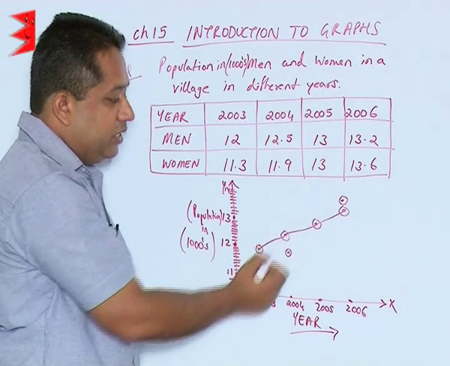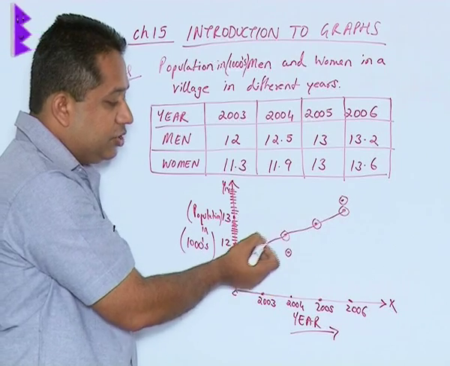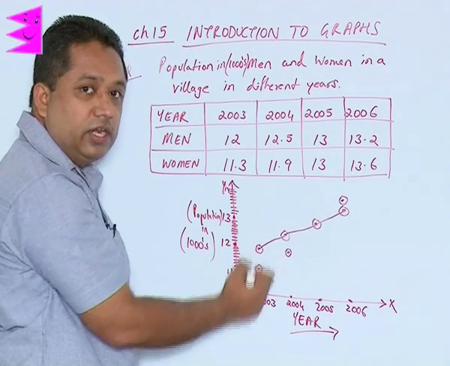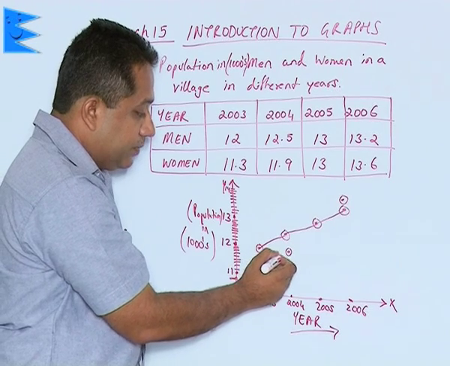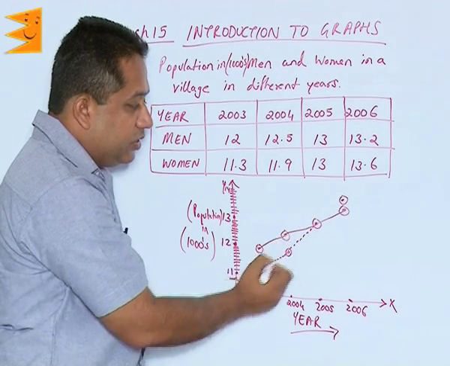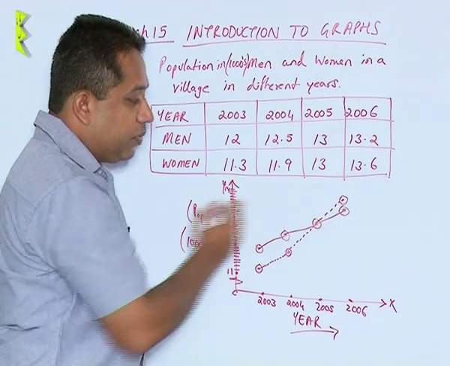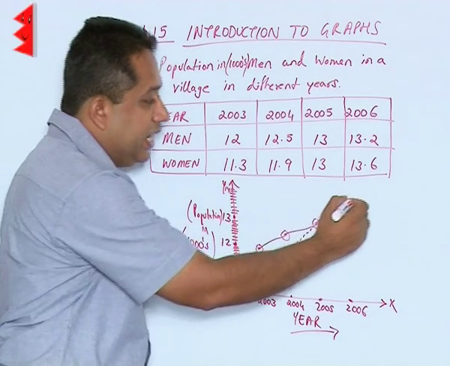Now, we get these points. If you join it with the help of lines, then there will be no distinction between the line drawn initially and the line drawn now. So, what we are going to do is join it with the help of dotted lines. So, you can join this point to this, and this point to this, and finally this point. And now, we can make a small column out here indicating what is what.